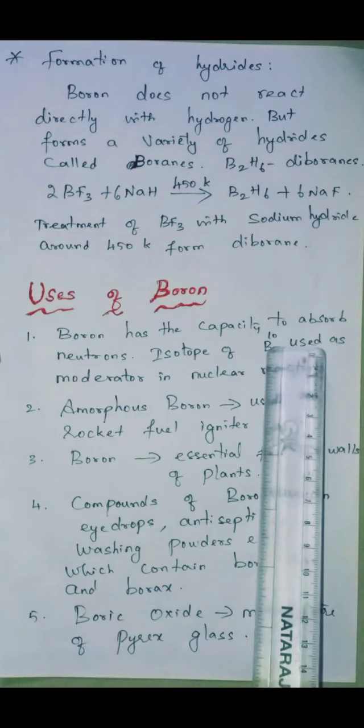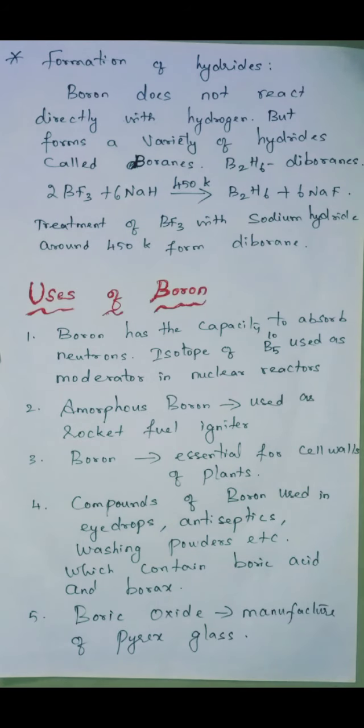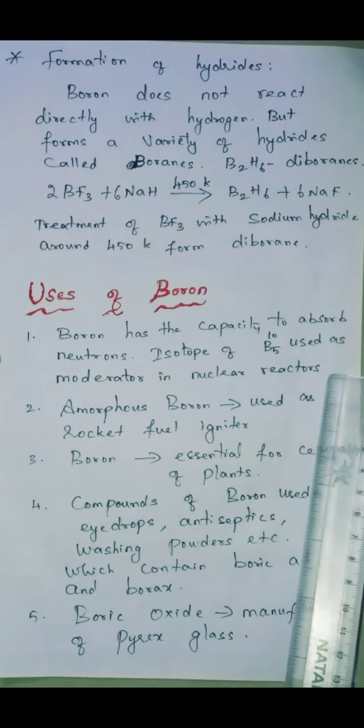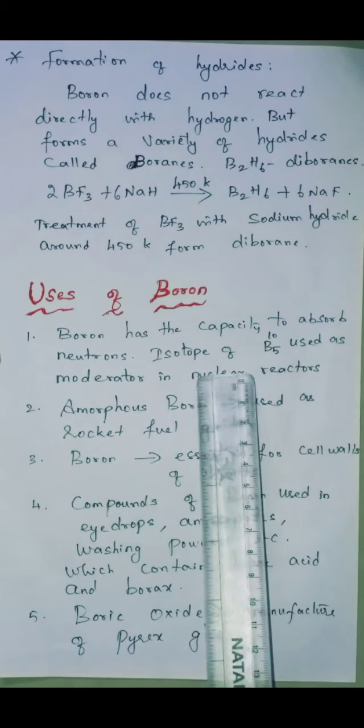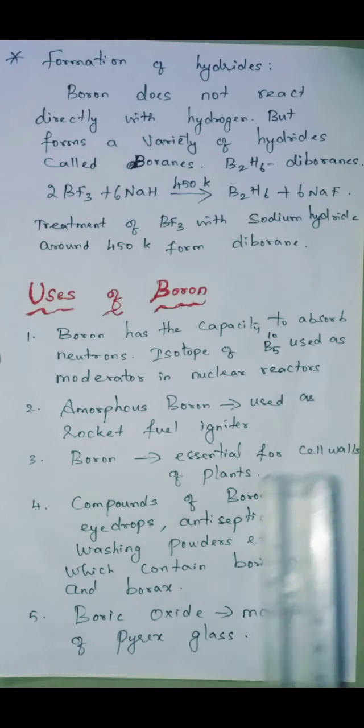The isotope B-10 is used as a moderator in nuclear reactors because some nuclear reactions are very fast. So as a controlling rod, sometimes cadmium or else boron is used in nuclear reactors.